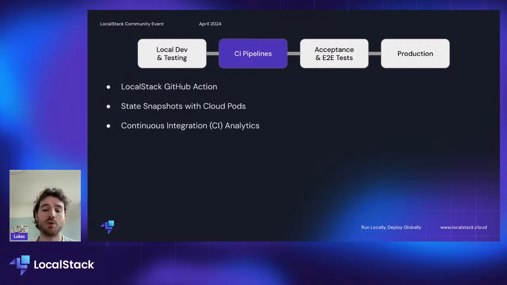So after developing a feature locally and writing tests locally, we push our commits, as many of you might do as well, to GitHub, where we have the repositories and where we make use of GitHub Actions to run the tests. So we make use of the LocalStack GitHub Action there, which Harsh will talk more about later.